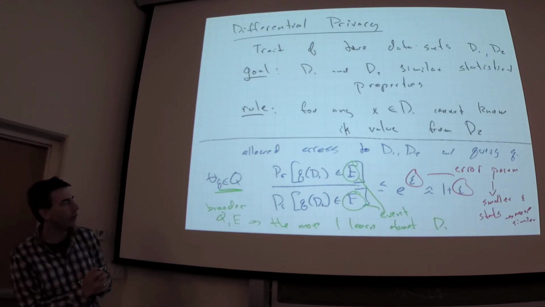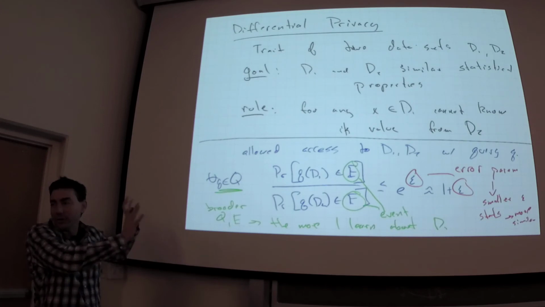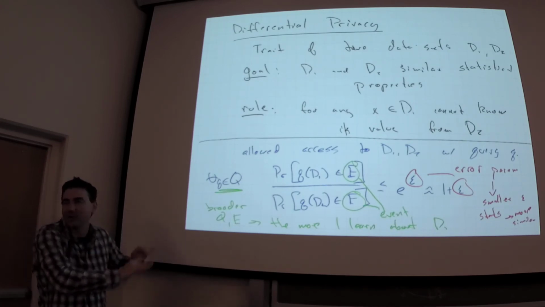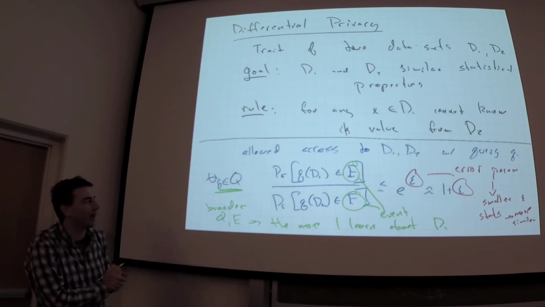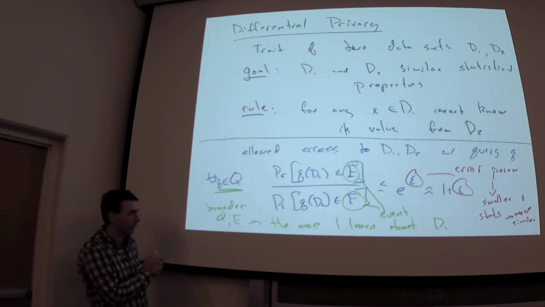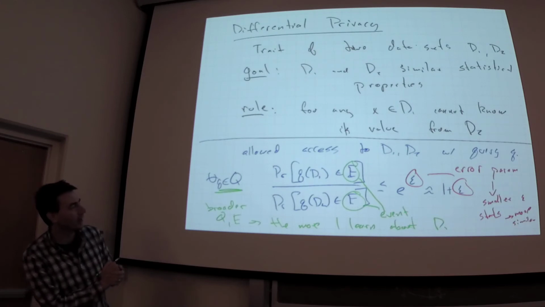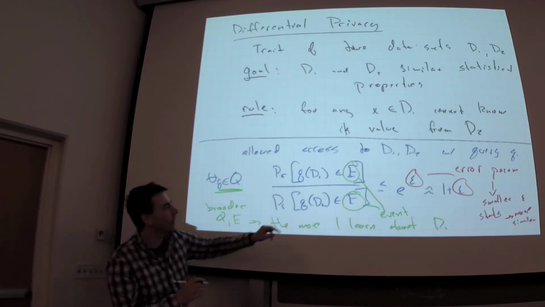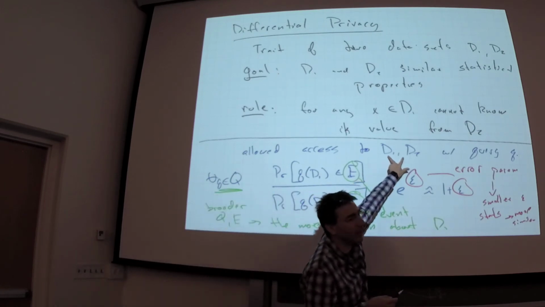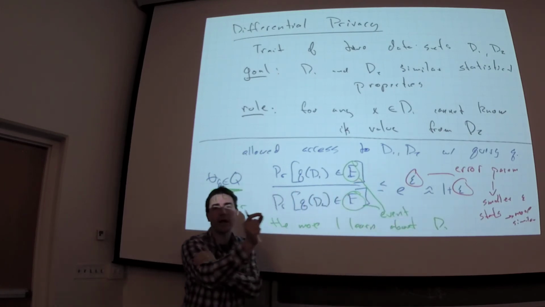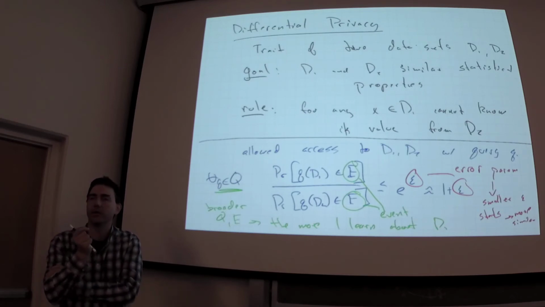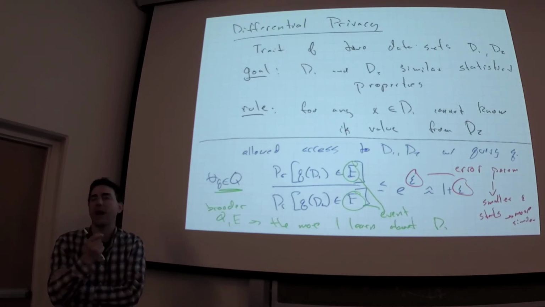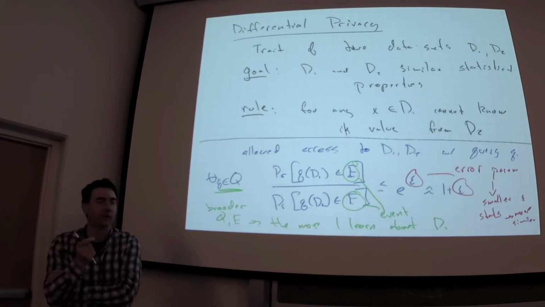And so this is the technical definition you'll see in papers and on Wikipedia. If you look these up, this is the trait you want, and you want to think of these two data sets as being off by one value. Say whether my data point is in there or not, or whether I've changed the value of my data point.